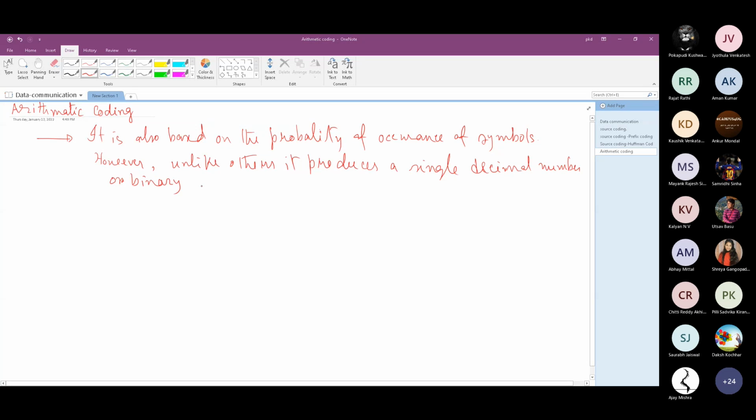If we use the representation of probabilities in binary fraction, then the resulting number will be a binary fraction. If we use decimal, then it will be a decimal fraction. So the coding depends on the resolution of the final number.